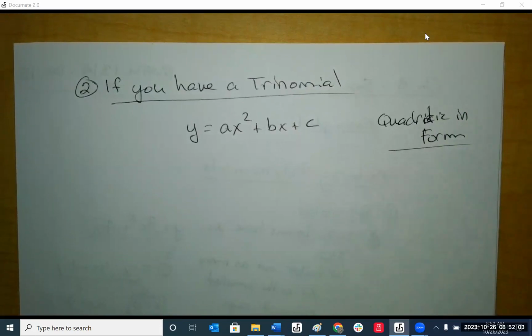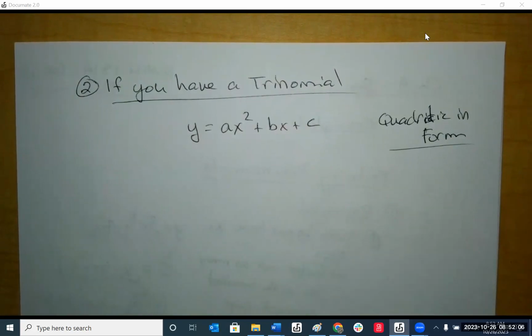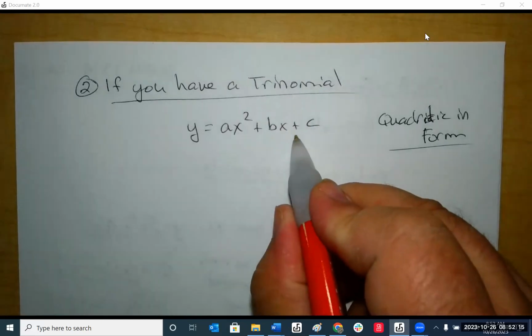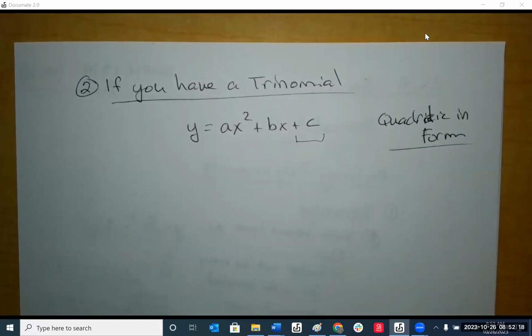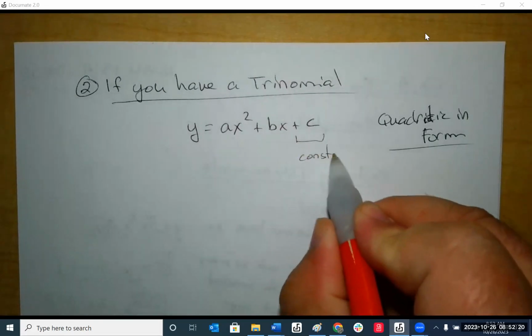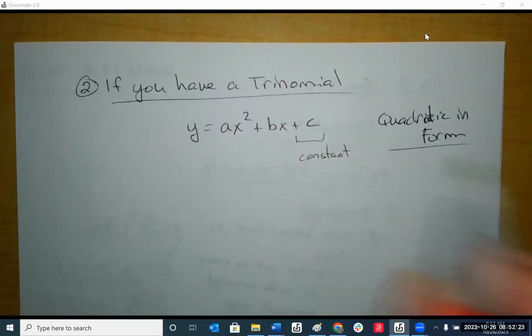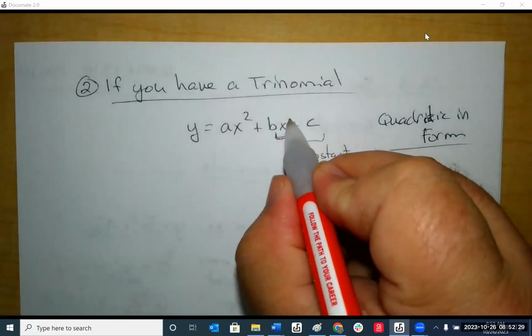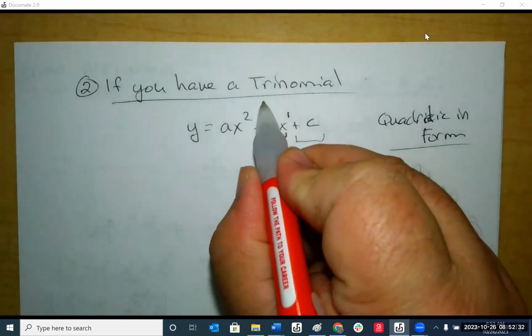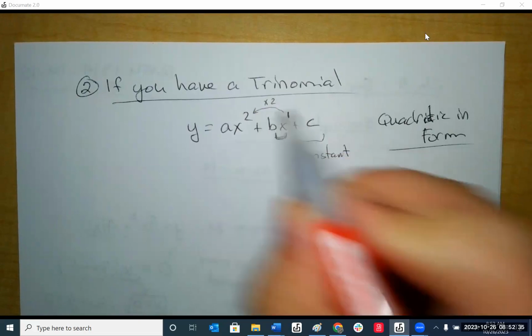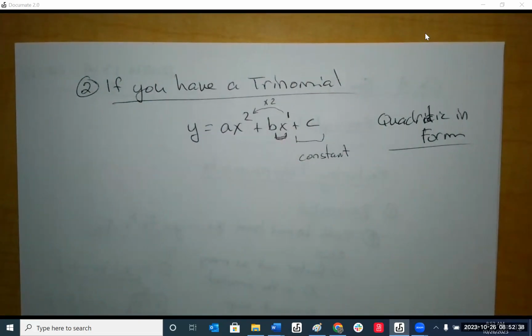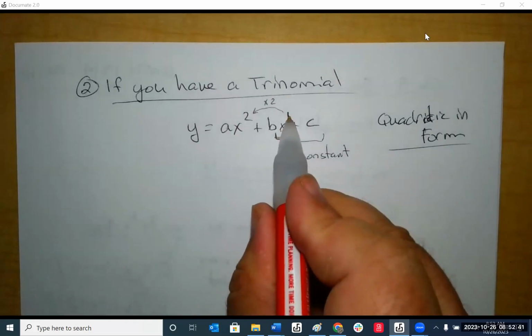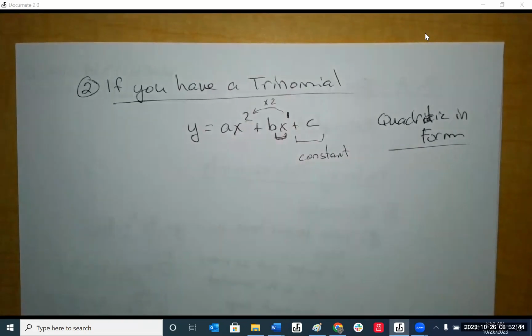What makes it quadratic in form? After everything's said and done, the last term is a constant. The middle variable, its exponent, in this case, it's 1. If I multiply it by 2, does it equal the first exponent? In this case, this one's x to the power 1. If I multiply by 2, I get x squared. Yes. So that's quadratic in form.